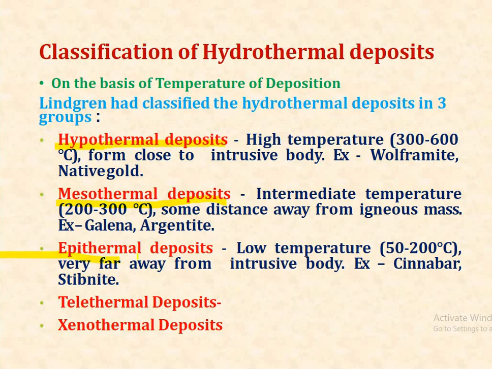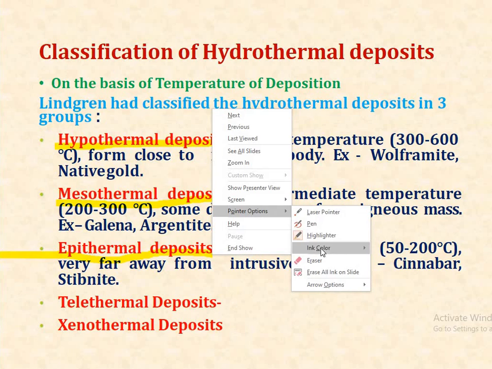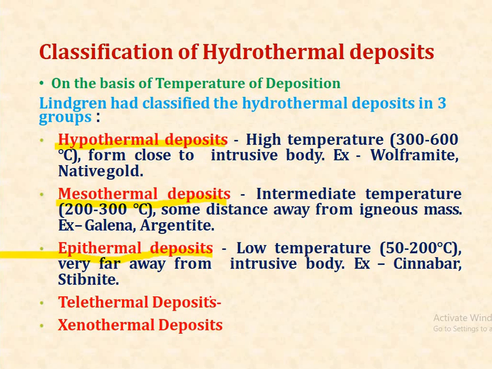And the third one is the epithermal deposit. Now, two other types of deposit have been further added to this classification, that is the telethermal deposit and the xenothermal deposit. Let us discuss all these in the series.